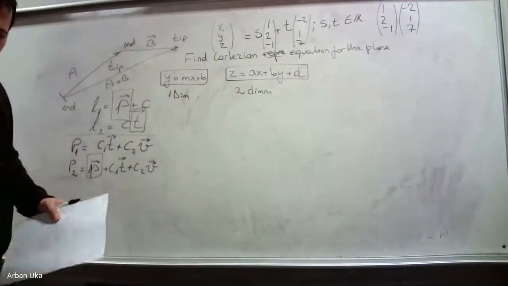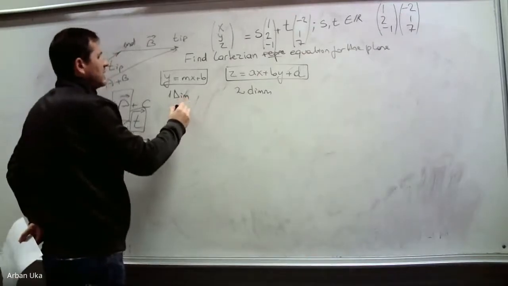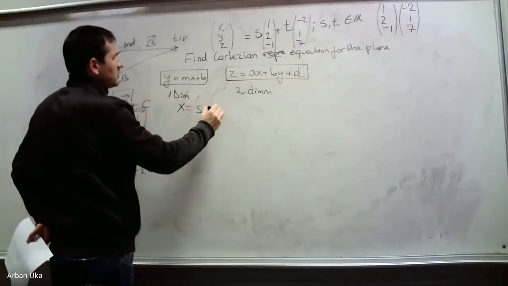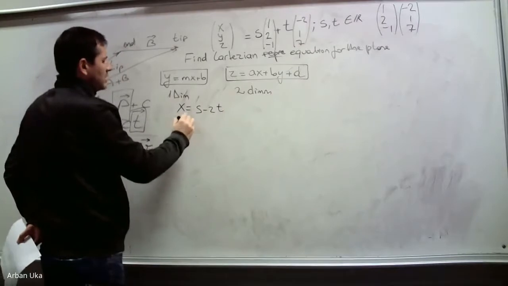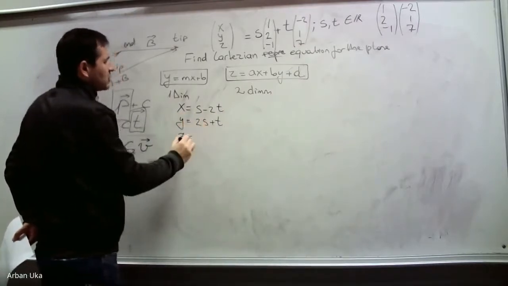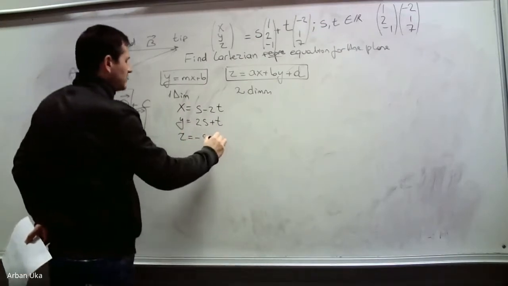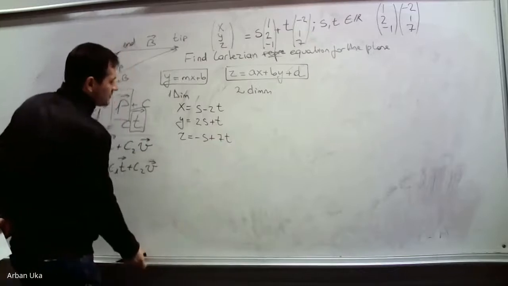Then from these we can get that x is equal to s minus 2t, y is equal to 2s plus t, and the z, the third coordinate, will be equal to minus s plus 7t. Okay?